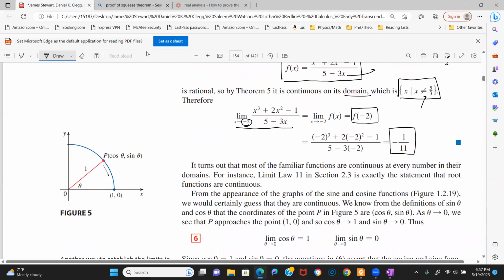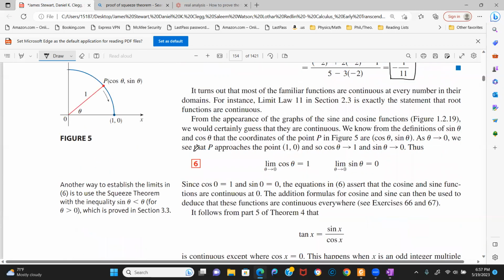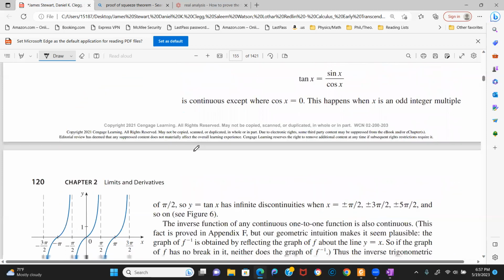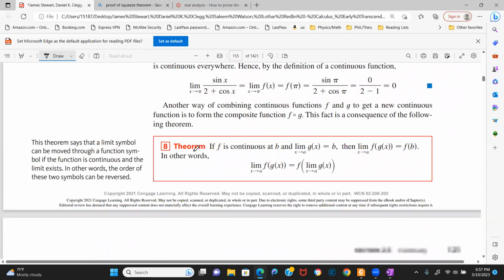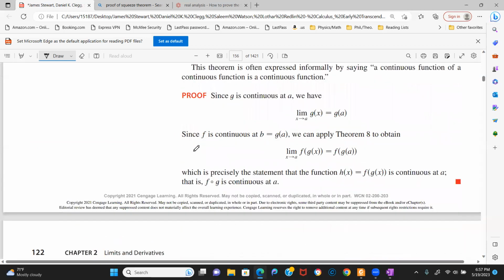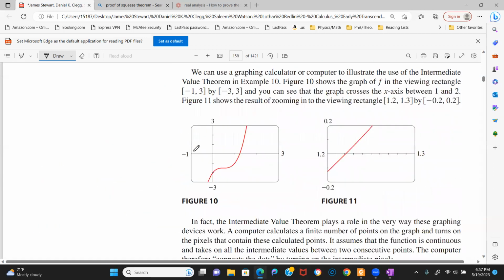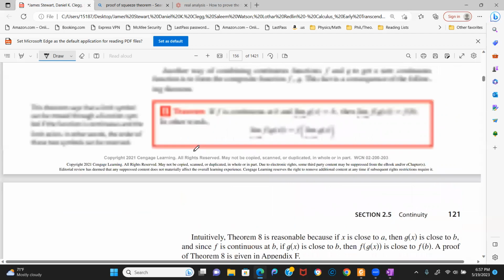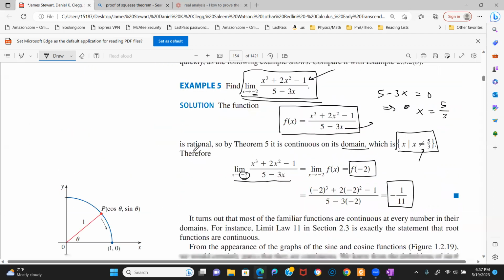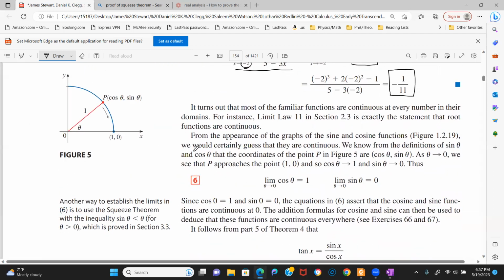All right, so let's see. Here's some other limits. Not sure what this is about right here. See what else we have. There's quite a bit more. Oh, there's the intermediate value theorem. I guess I skipped over this when I was first reading through the book. What is this about here? It turns out the most familiar functions are continuous at every number in their domain.